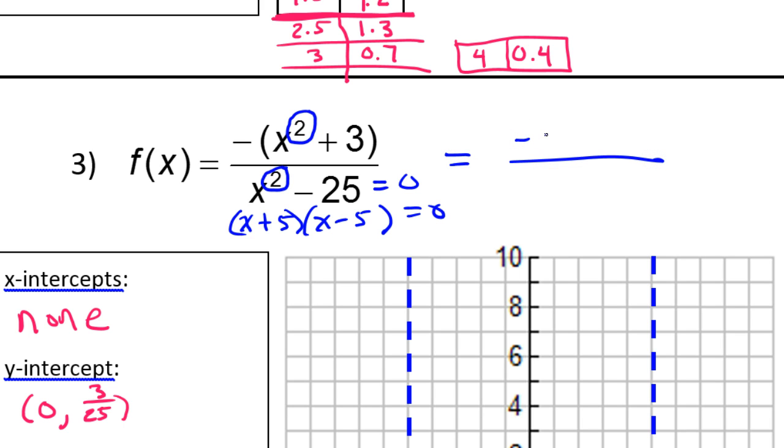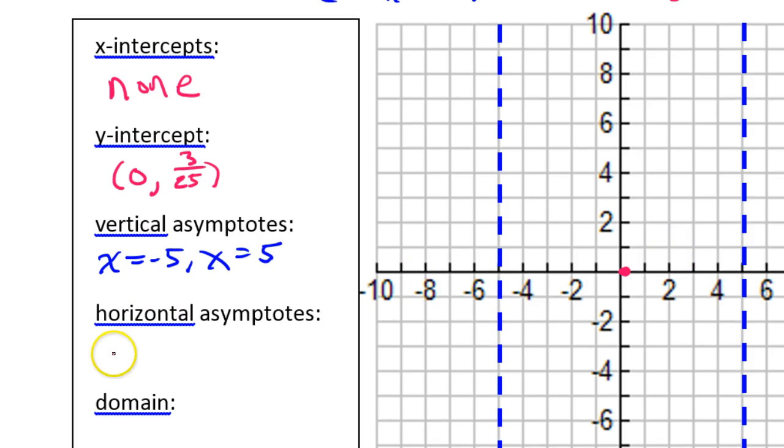What we have here is negative x squared minus 3 over x squared minus 25. So the leading coefficients are invisible, but it's -1 over 1. So that's why the horizontal asymptote is going to be y equals -1. So let's go ahead and draw that as a dotted line.